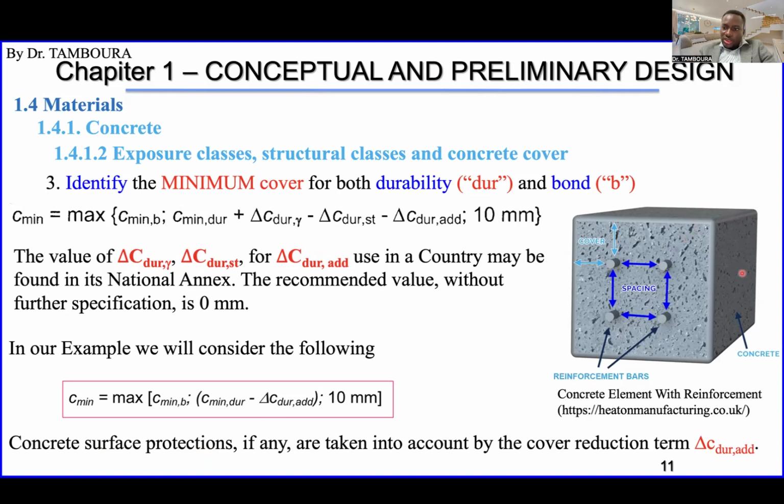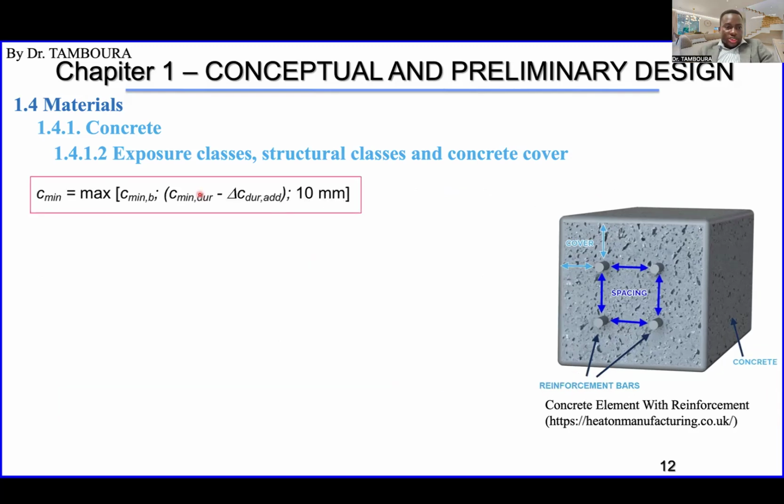If you are protecting the surface of the concrete, for example, for painting or something else, then you can reduce just a little bit the cover by this amount. But remember that Eurocode is recommending to use 0 for this one, this value. You don't have to reduce. Even if you are painting, it will just bring more protection, okay? So let's keep this here.